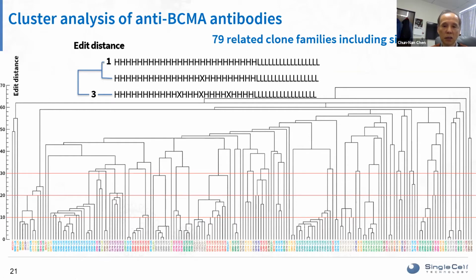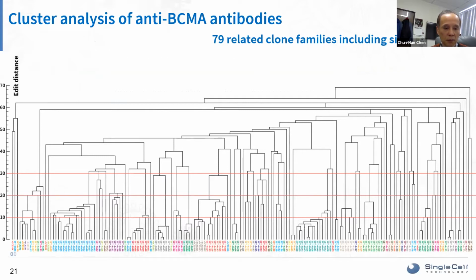But if you cluster them and look at the relatedness, there were a total of 79 families, and those include what I call the singletons. So how do we designate them? We put a 0 here because they're not related to anybody else.